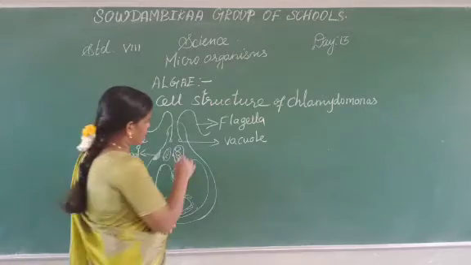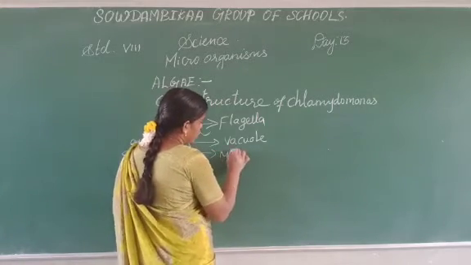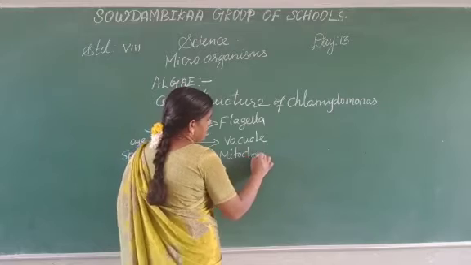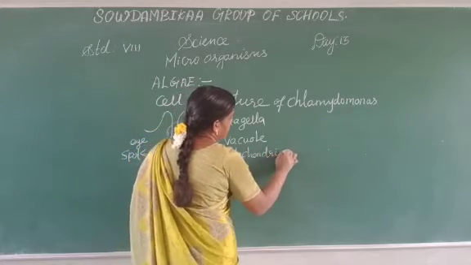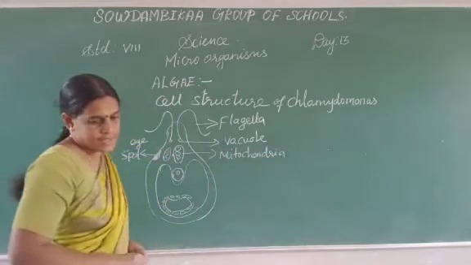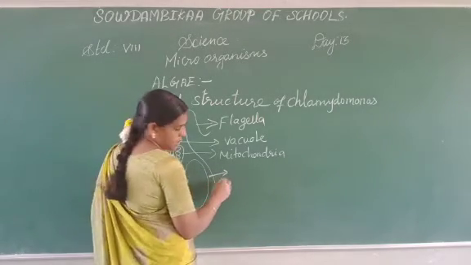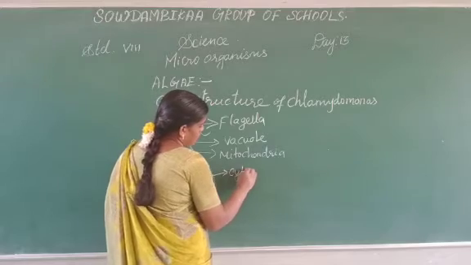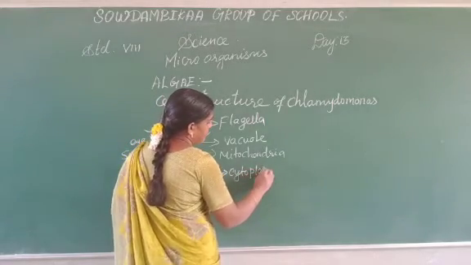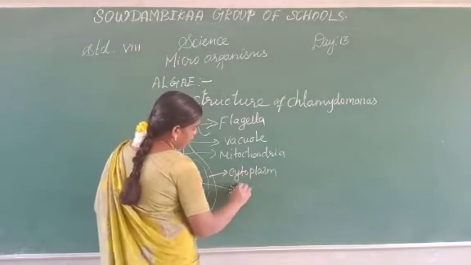This is the mitochondria. Next, this one is the cytoplasm. This is the nucleus.